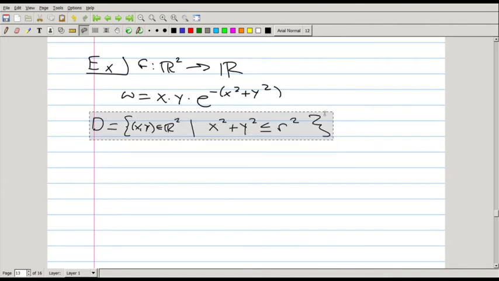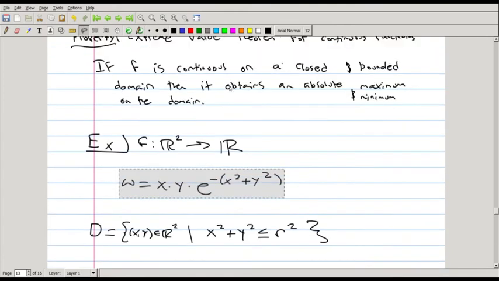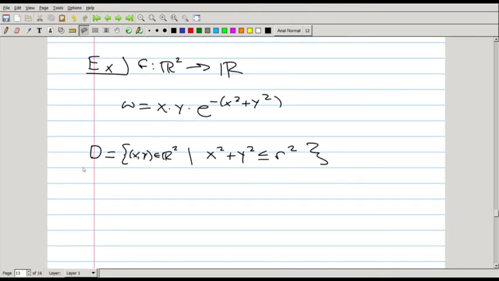This is one of my favorite functions in multivariable calculus for a number of reasons, but the main reason for us right now is that it's a perfect example of a function that for any closed and bounded domain, clearly attains an absolute maximum and minimum. So I'll pick the simplest possible domain, a circle, and we'll look at a plot of this function and see where it attains its maximums and minimums.